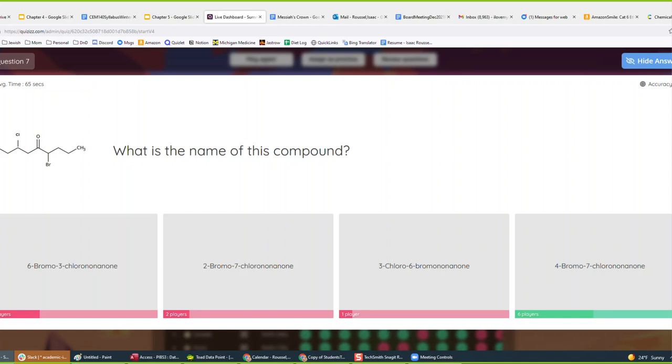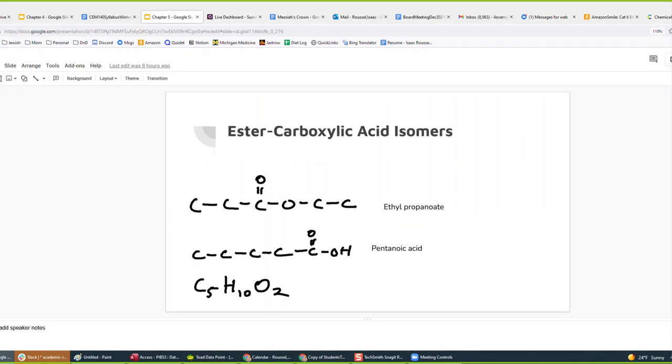Wait, why would it be 6 bromo, 3 chloro? Because I thought those naming conventions were for rings. Well, I think that they apply to chains as well, right? Or no? I guess I'll have to go back and look at my notes again. What did we say in the notes here?